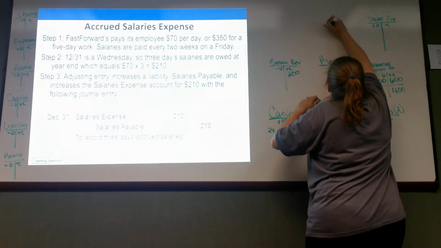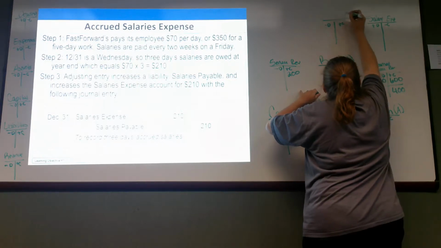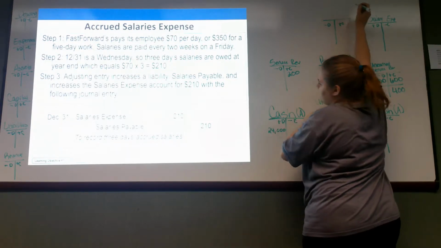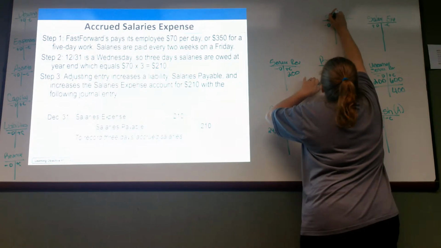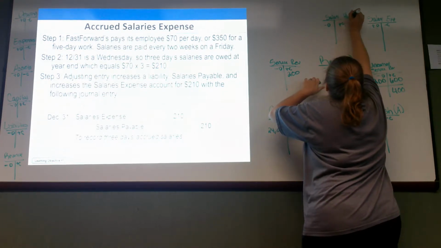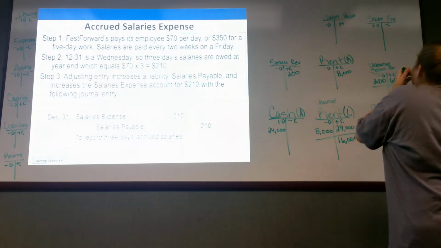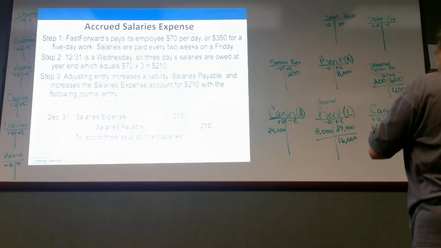And then salaries payable is exactly what it is. It's a liability account, so it's part of the CLR bucket. Liabilities are minus pluses, expenses are plus minuses, and that is shown on the board.